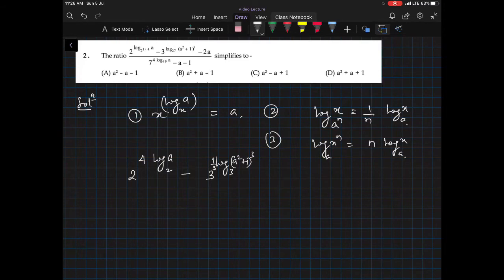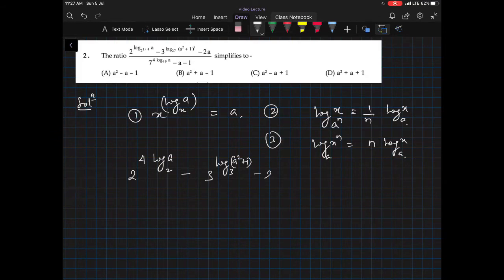The power 3 multiplied by 1 by 3 will become 1, so we multiply and it becomes 3.